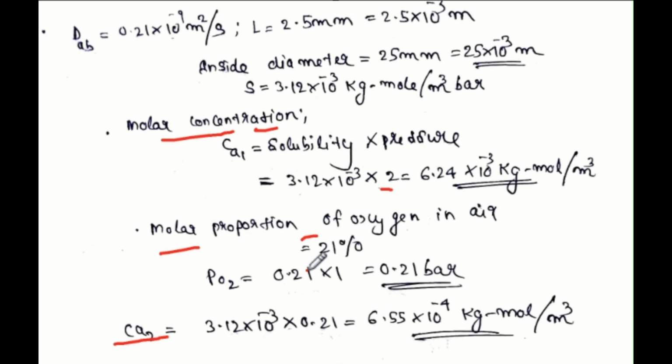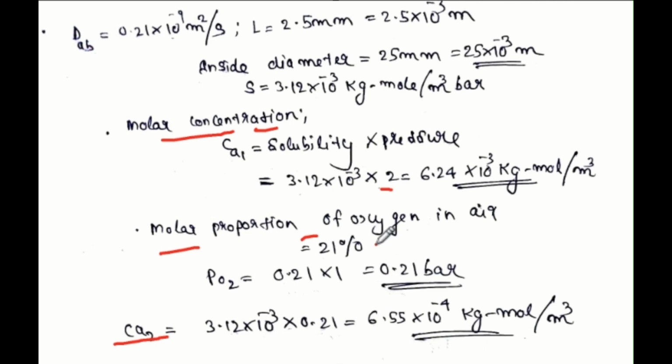With that, I can find the pressure of oxygen outside the tube, because the atmospheric pressure, 1 bar, we know. We multiply the molar proportion of oxygen with the atmospheric pressure of 1 bar, so we get 0.21 bar. Now I can find the molar concentration outside the tube, CA2, from solubility and this pressure.